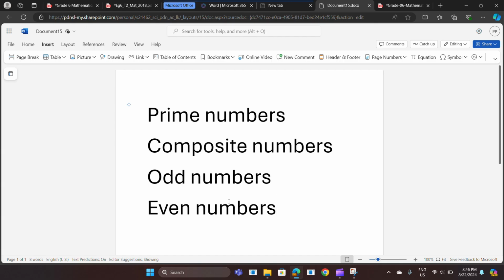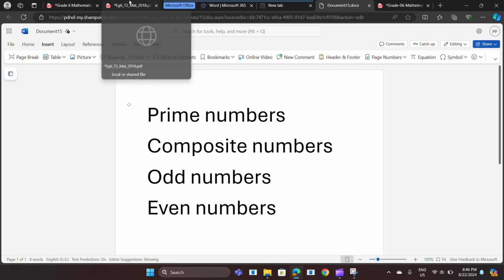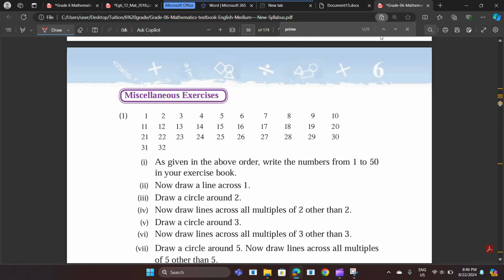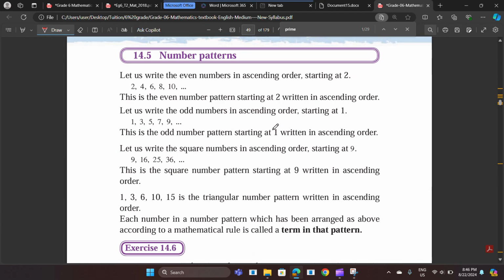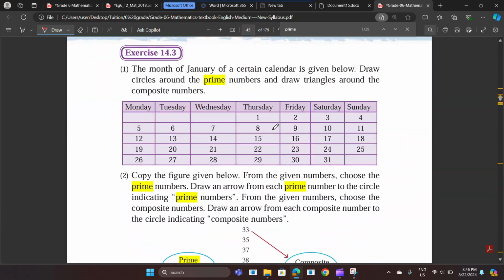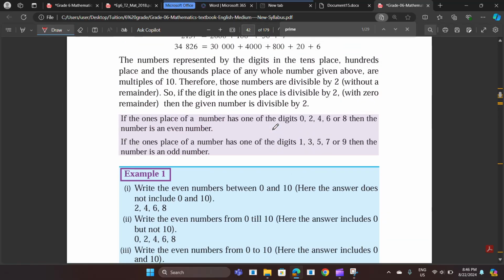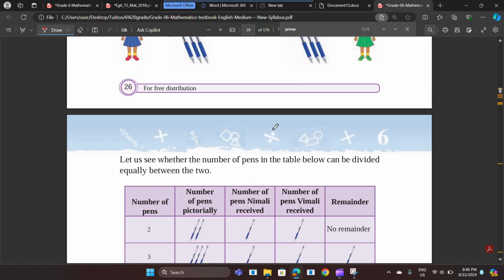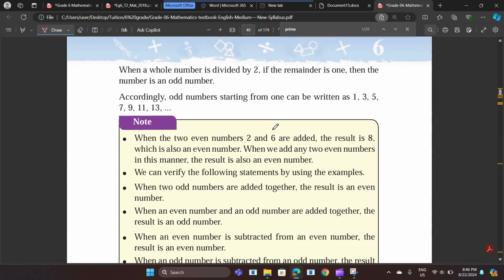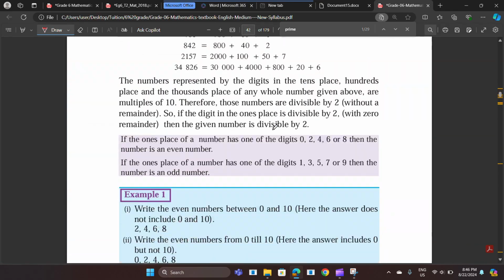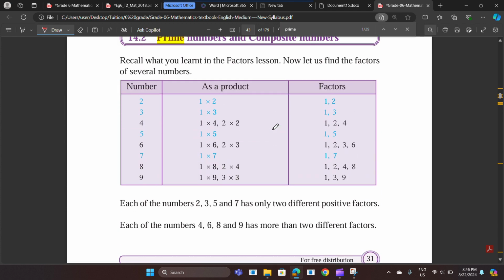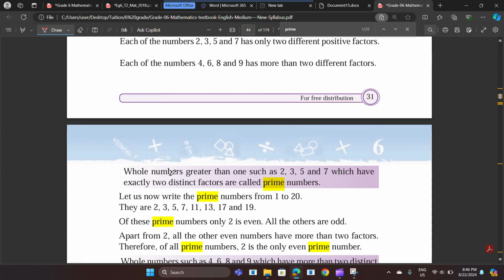Nice. What are prime numbers? In your textbook, there is a definition of prime number. Whole numbers greater than 1, such as 2, 3, 5, 7, which have exactly two distinct factors.